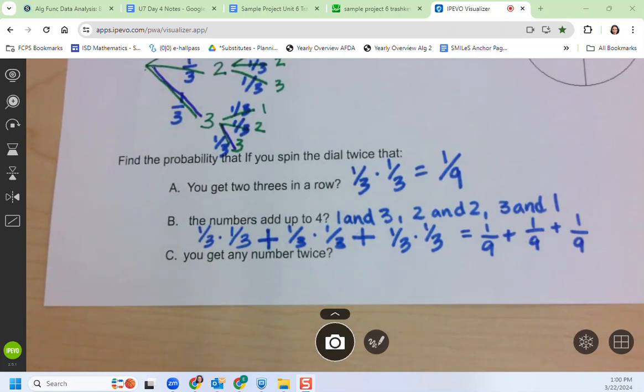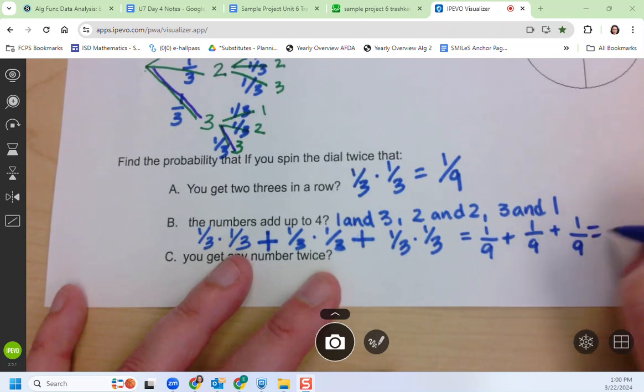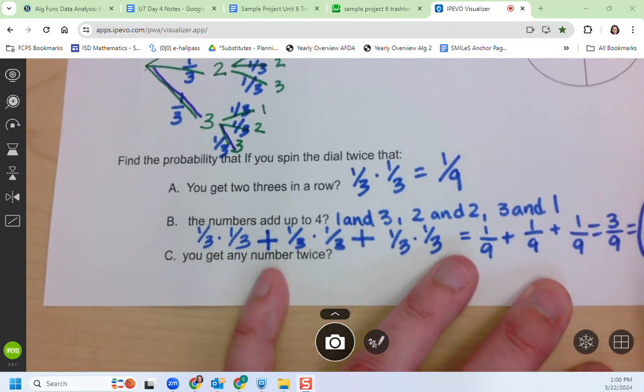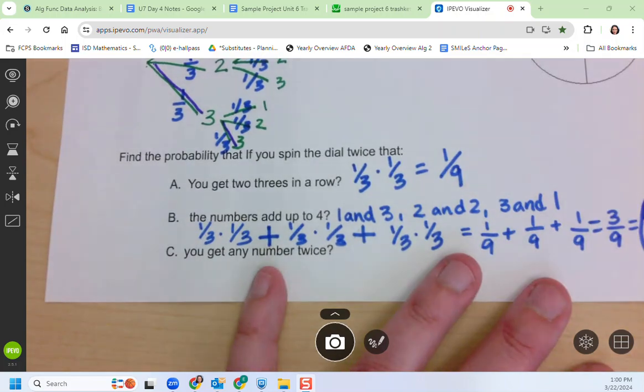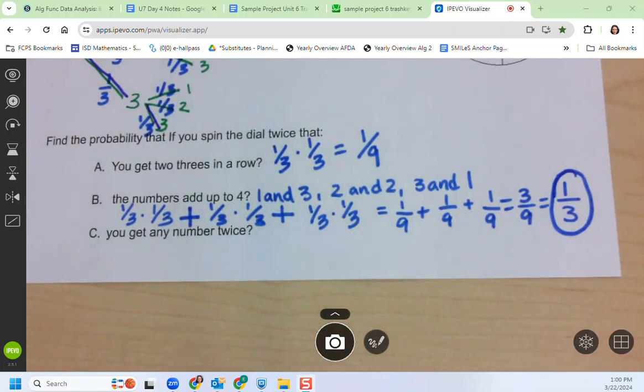All right, so 1/9 plus 1/9 plus 1/9 gives me how many ninths? 3, right? 1, 1, 1. So 3/9, which does simplify to 1/3. All right, I'm going to pause so you can think about that.